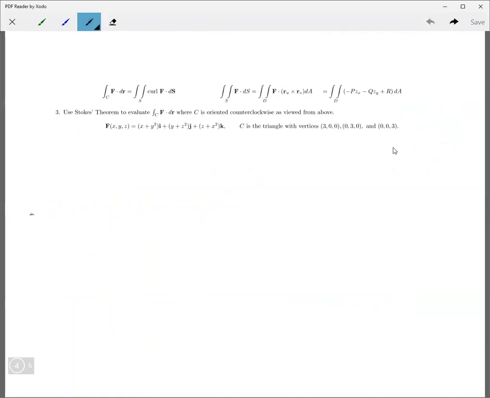Okay, so let me draw that over here. (3, 0, 0) would be right here. (0, 3, 0) would be over here. And (0, 0, 3) would be up here. So this is the triangle right here.